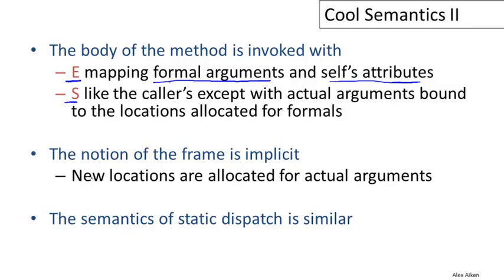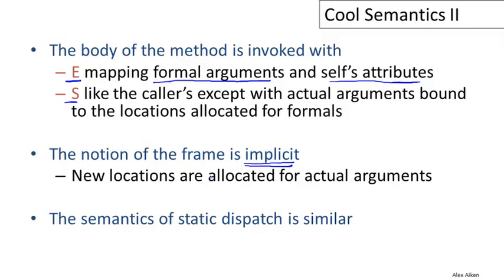Notice in the rules that the notion of a frame or activation record is implicit. We don't actually build a data structure that contains all of the arguments, and the return address, and all that stuff together. That information is not gathered together in one place. It's a little more abstract. We don't actually have to say whether things are allocated on the stack or on the heap, and that's a good feature.